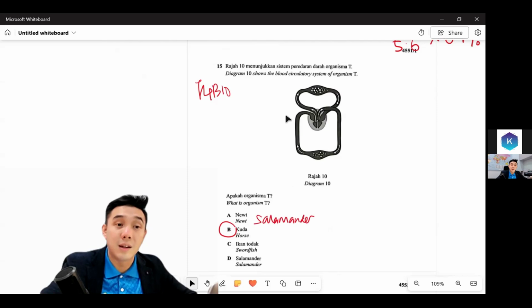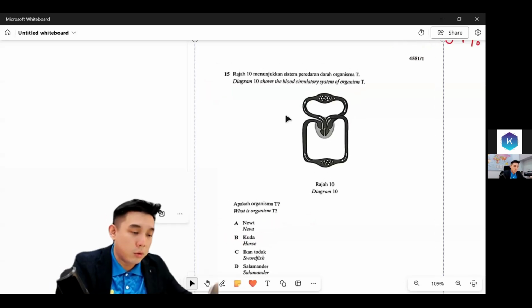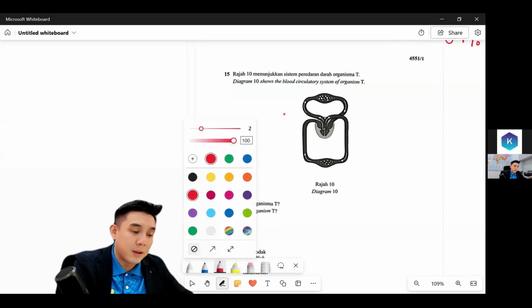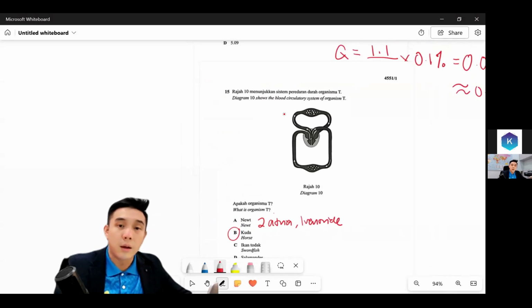In terms of the blood circulatory system, they have two atria and one ventricle, guys. Okay, salamander.